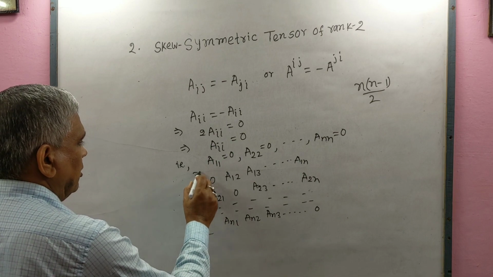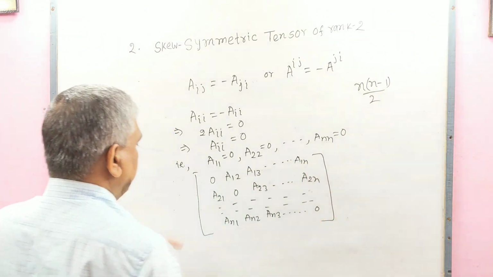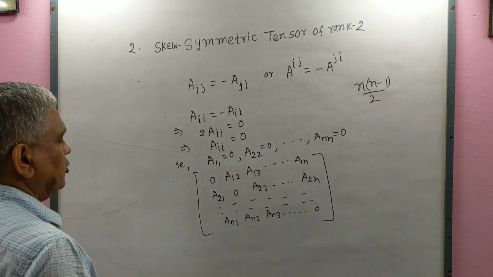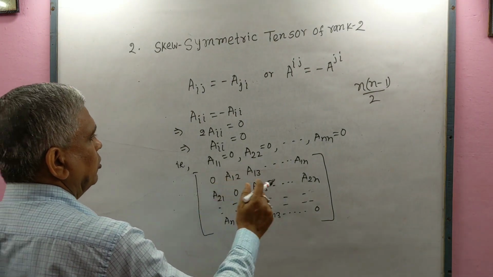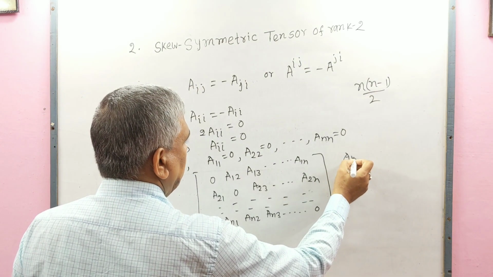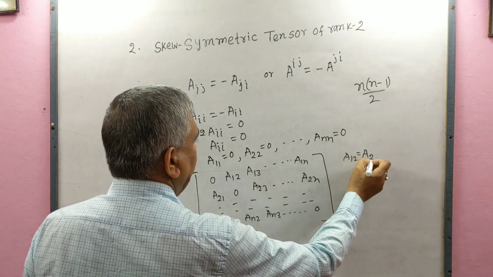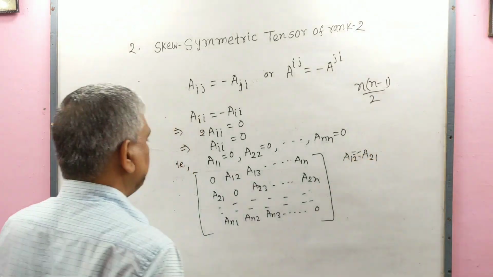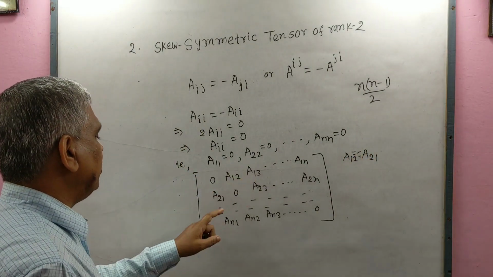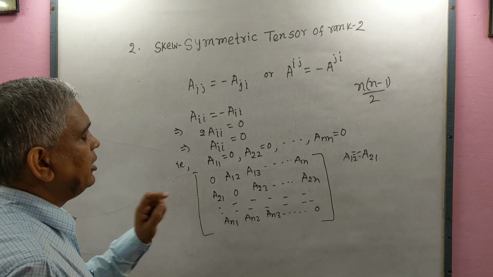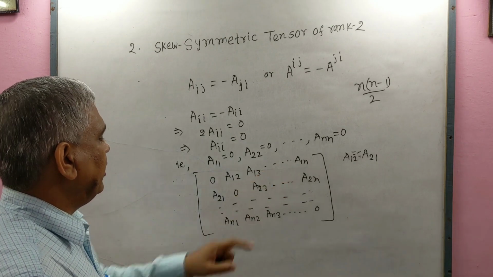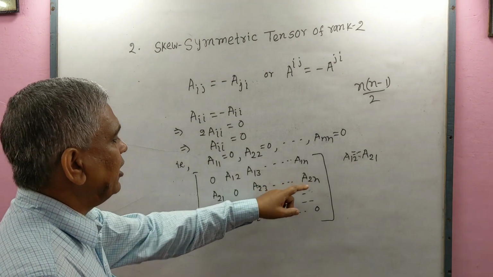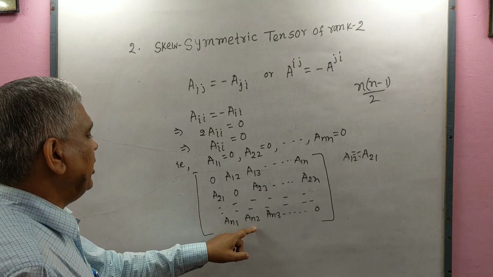Here all diagonal components are 0. Also A12 equal to minus A21. Similarly A13 equal to minus A31, A1n equal to minus An1, A2n equal to minus An2.